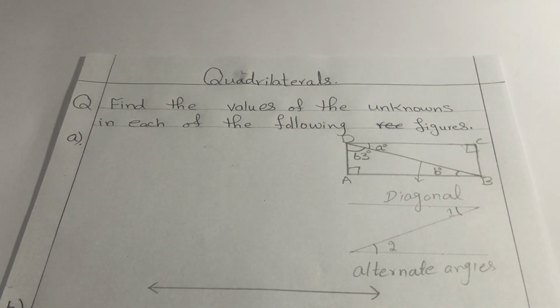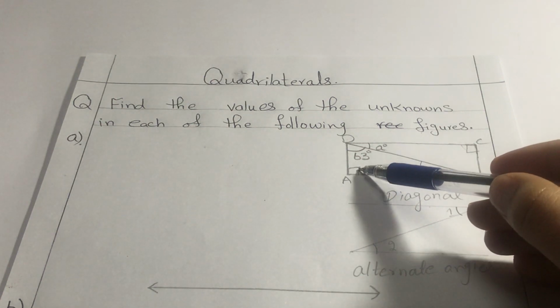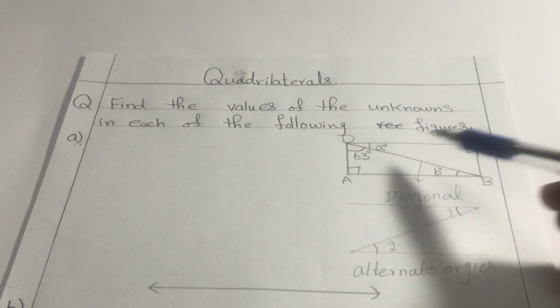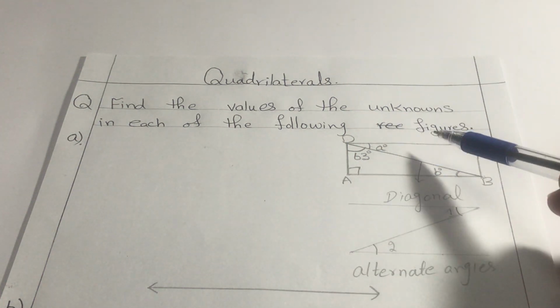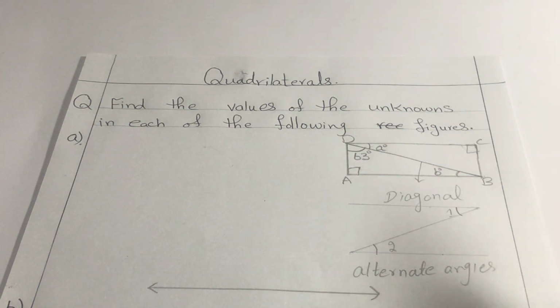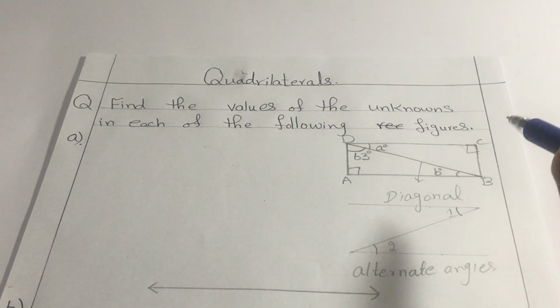So first we will calculate angle A. How can we calculate angle A? As I have told you at the start, the angles of a rectangle are all right angles, and a right angle is always equal to 90 degrees.